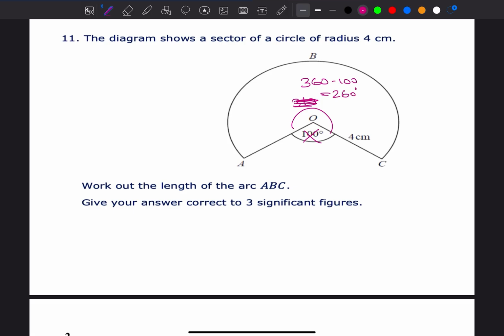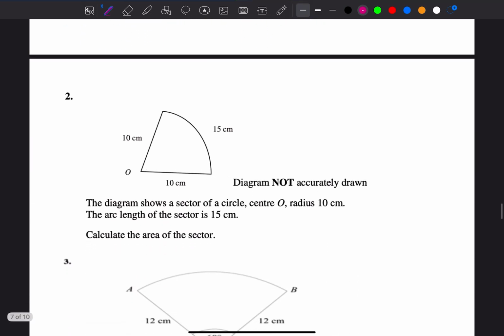And so 260 over 360 times 2 pi times radius 4, which gives you 18.2 centimeters for the arc length. Is that understood? Always pay attention to where the angle is. Okay, good.